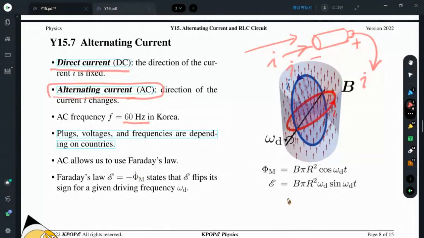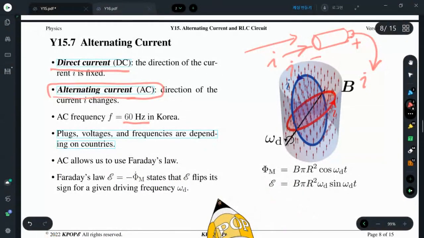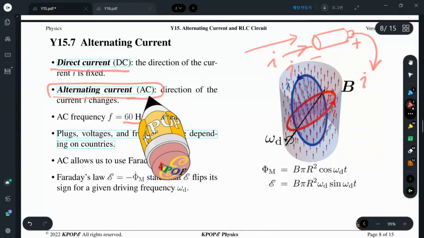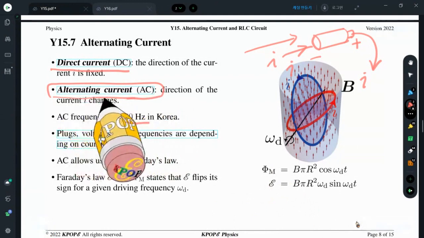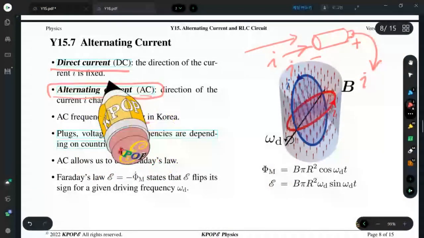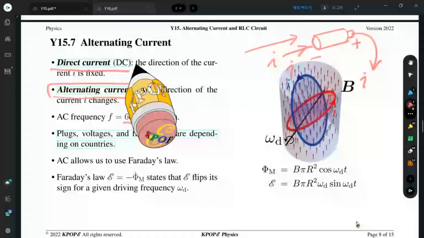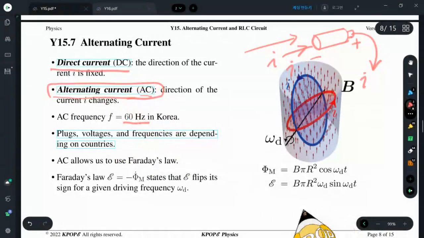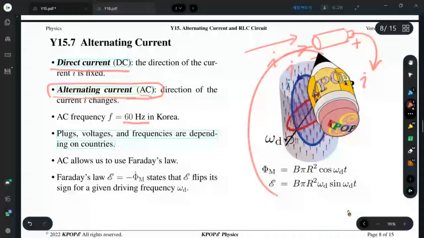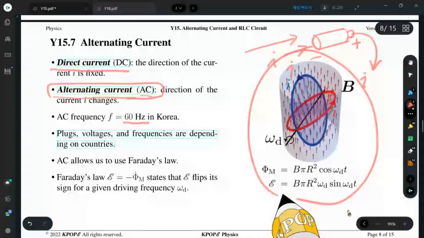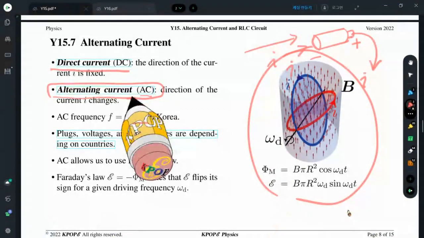So you should be careful. Anyway, the abbreviation for alternating current is AC. The direct current is DC. We make use of Faraday's law to produce alternating current.